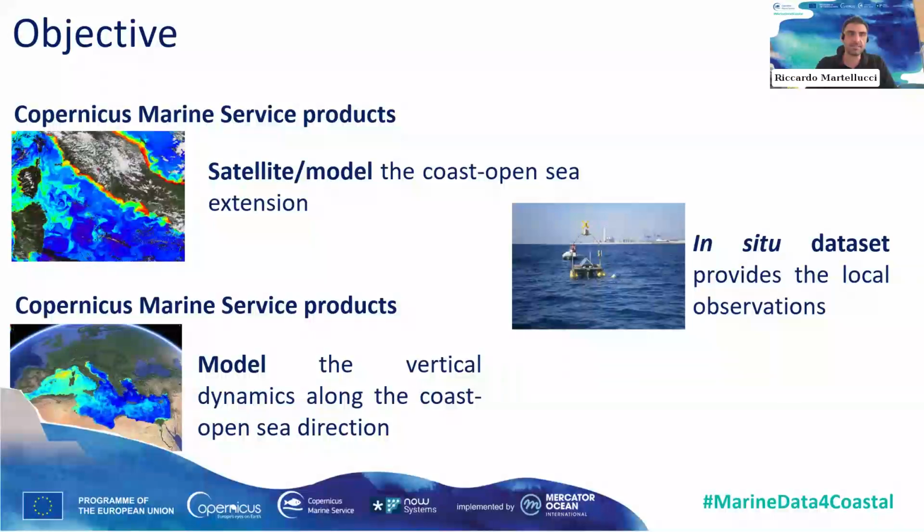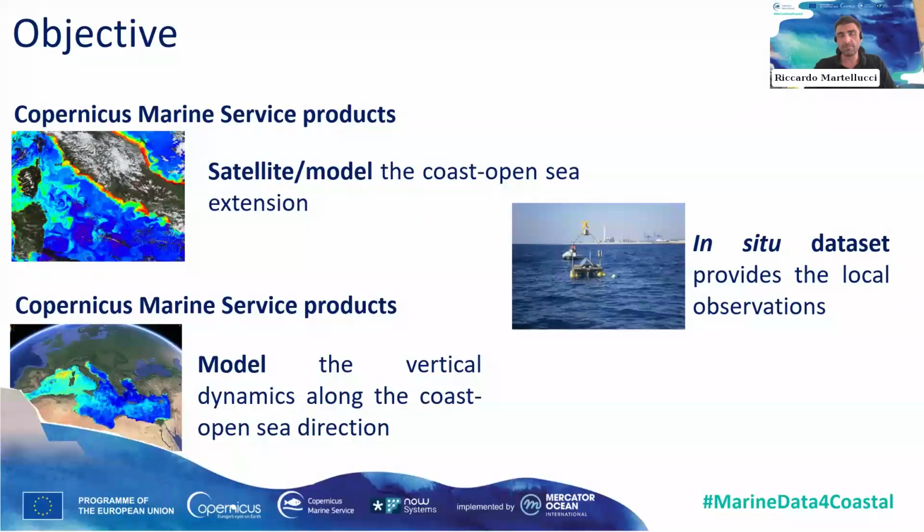The first thing is that with the Copernicus Marine Service products, we can obtain data from satellite that give us the coastal open ocean extension, and the model also gives us the coastal open extension and also the vertical dynamics along the open sea direction, while the in-situ dataset provides the local observation.